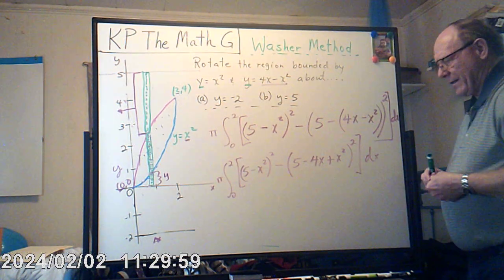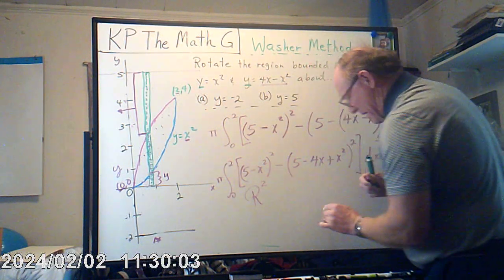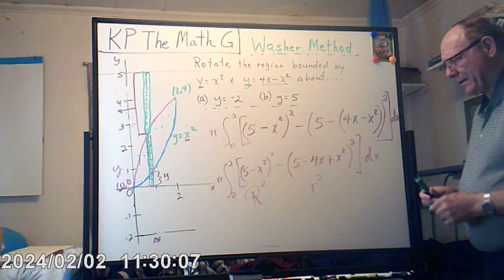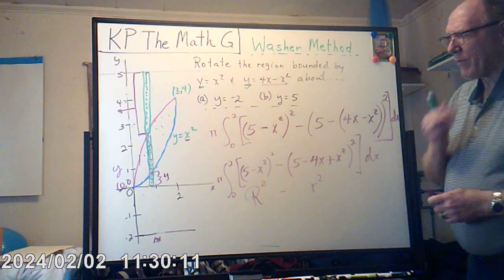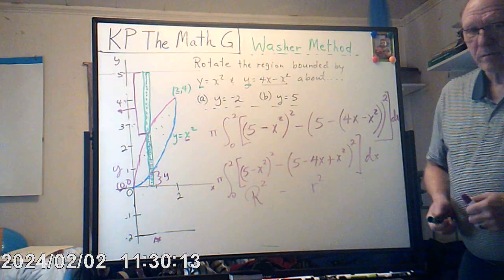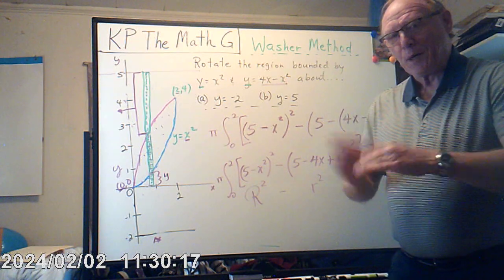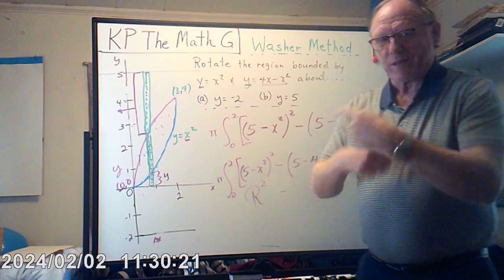And that's it. That is your big R squared minus your little r squared. Okay, like that. If you can see that, you study that, believe me. You learn it this way, you can do any revolving anywhere.